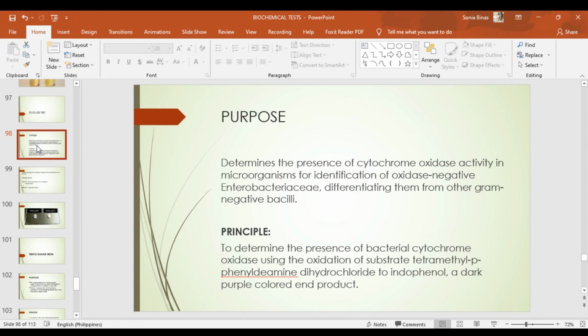The principle of this is to determine the presence of bacterial cytochrome oxidase using the oxidation of the substrate tetramethyl-p-phenylenediamine dihydrochloride to indophenol, a dark purple colored end product.